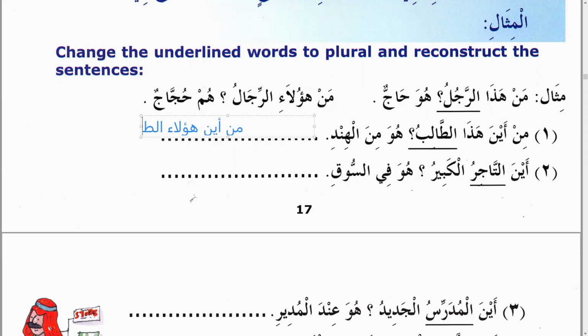From where are these students? And huwa min al Hind, huwa becomes hum. They are from India. Hum min al Hindi. So min al Hindi got chopped off. They are from India.